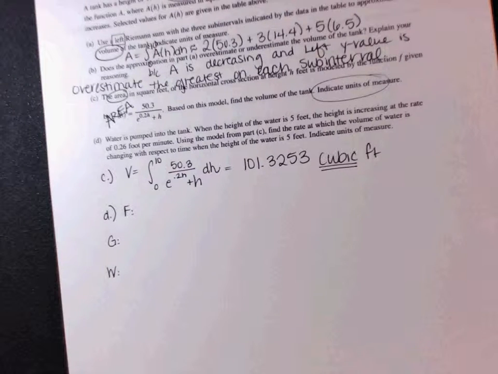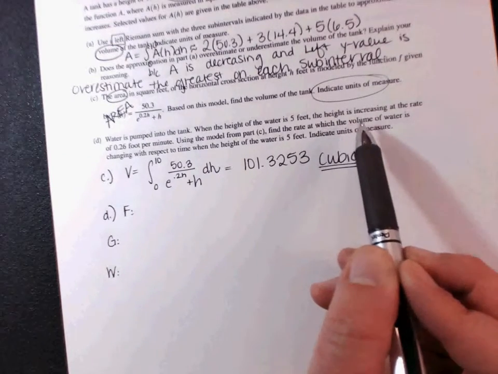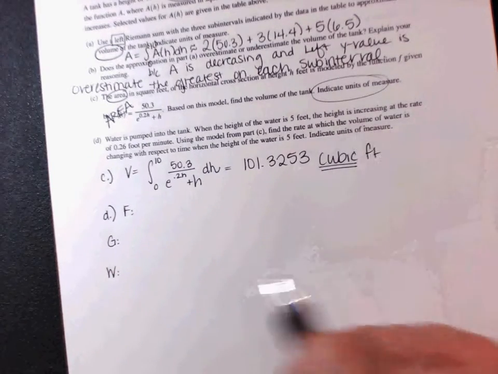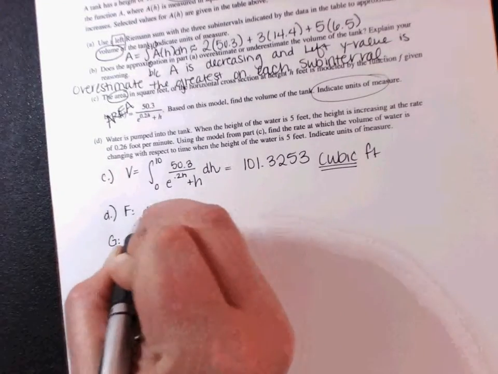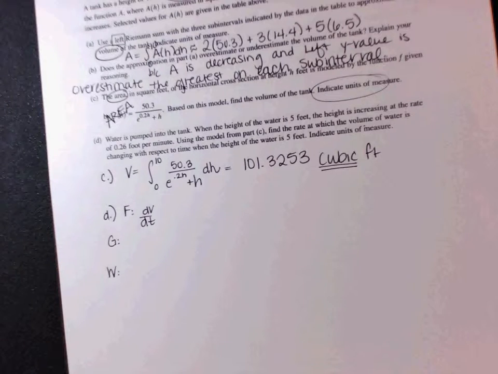Okay, focus. What are we finding in part D? Find the rate at which the volume of water is changing. So we want dV/dt, right? Then what rate were we given?